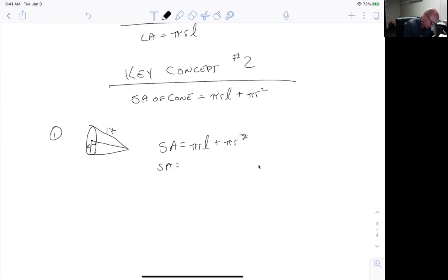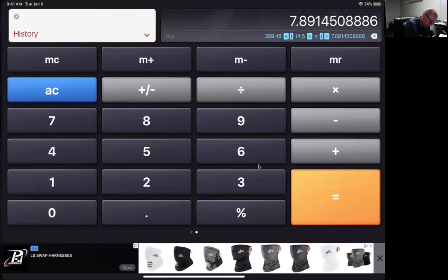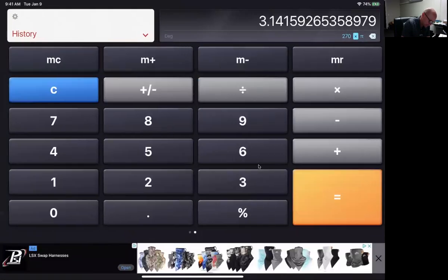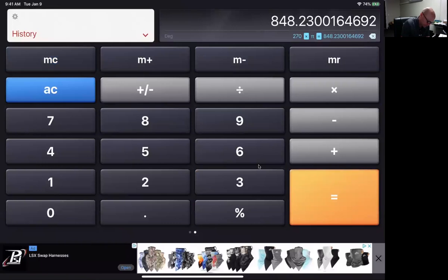Surface area of this thing would be pi times the radius 10 times the slant height 17 plus pi times the radius 10 squared. So these are really easy. I don't even need a calculator. This is 170 pi plus 100 pi. So the surface area of this thing is 270 pi. Now I need my calculator. 270 times pi is 848.2.